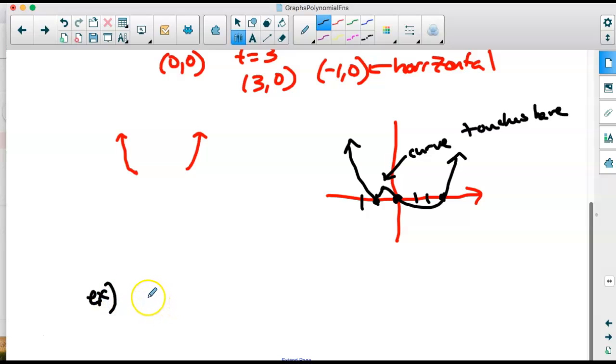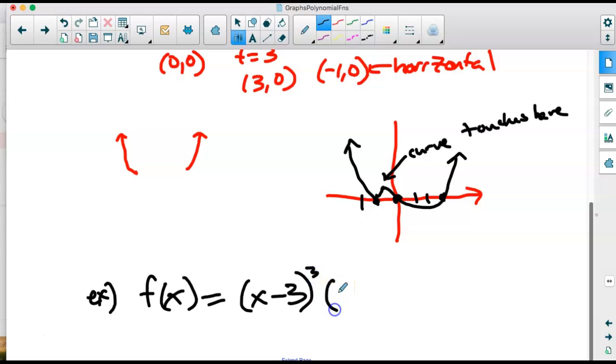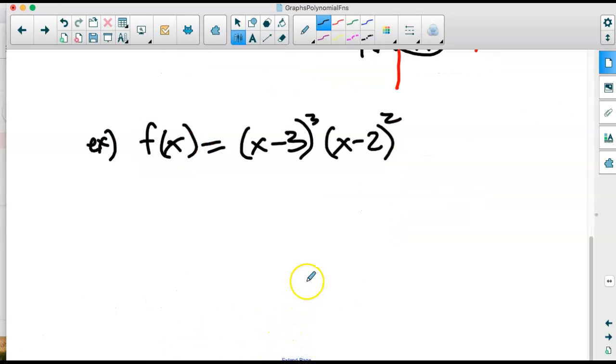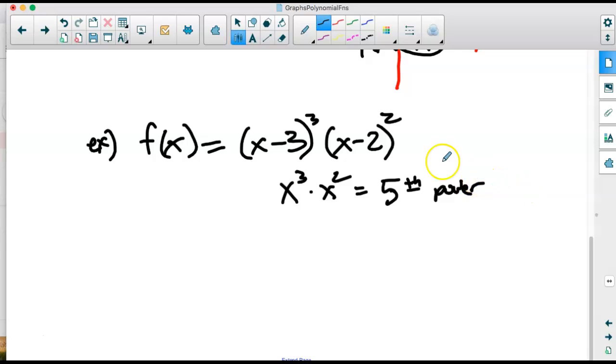So if we were to look at this function right here, f of x equals x times (x minus 3) to the third and (x minus 2) to the second, we know here that that graph is going to look like an x to the third for this piece, and this is x to the second here, so that's going to be an x to the fifth power graph. And we look at the lead terms here, that's going to be x and that's going to be x, so it's going to be positive.